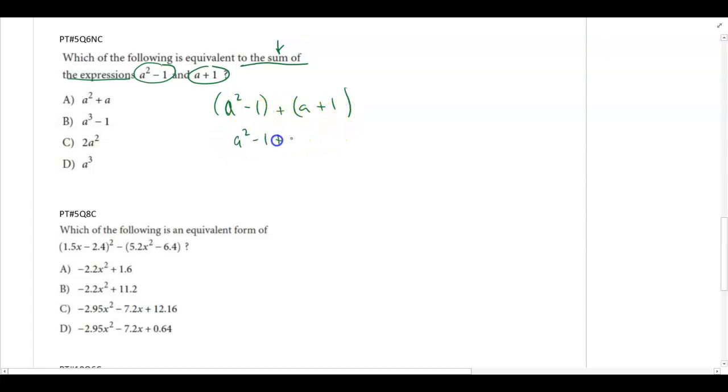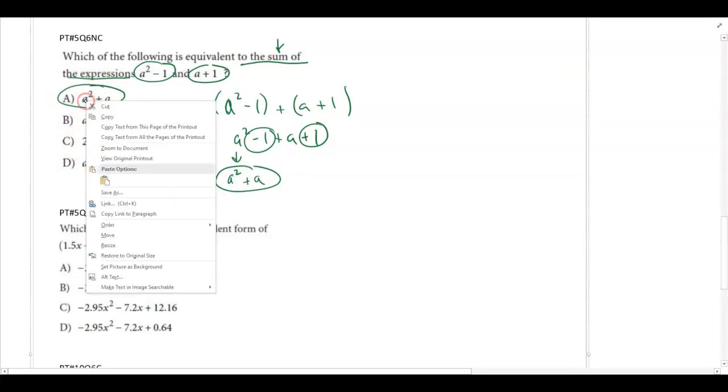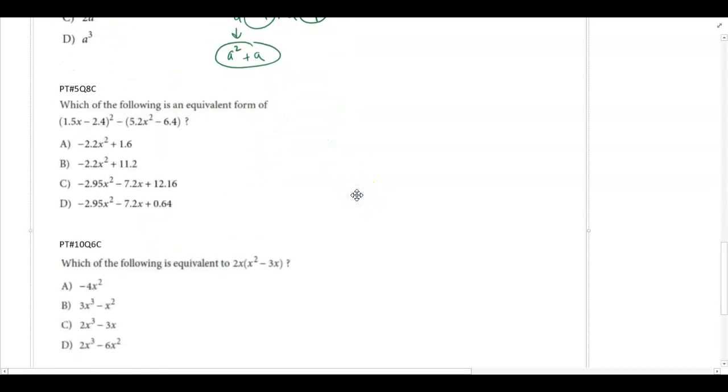Now I combine like terms. Nothing to combine a squared with, nothing to combine a with, but negative 1 plus 1 is 0, so a squared plus a is the sum of those two polynomials.